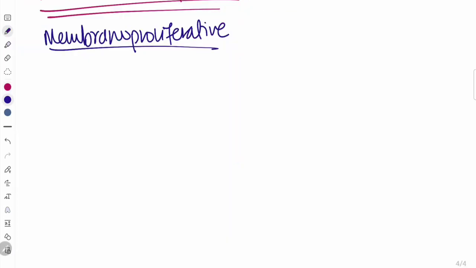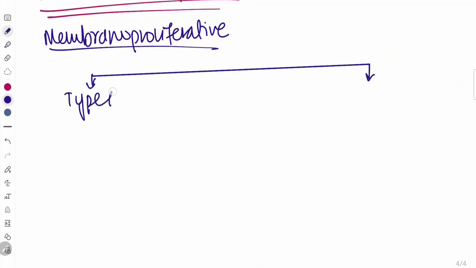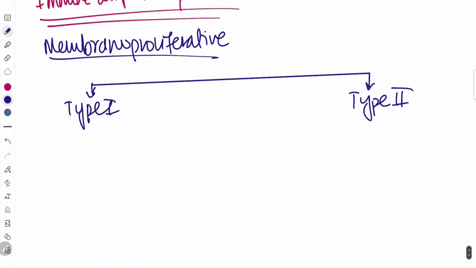In membranoproliferative glomerulonephritis, you need to know that there are two types, type 1 and type 2. Now these types are based on electron microscopy. H&E will show the tram track appearance, I'll tell you how that is. It is a very simple concept. But type 1 and type 2, how do you differentiate?